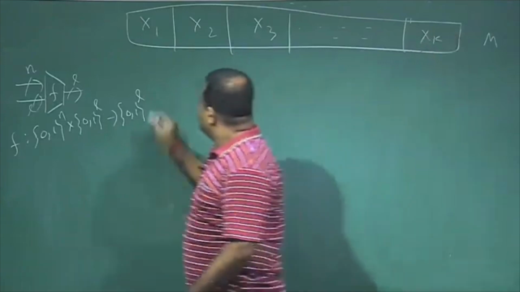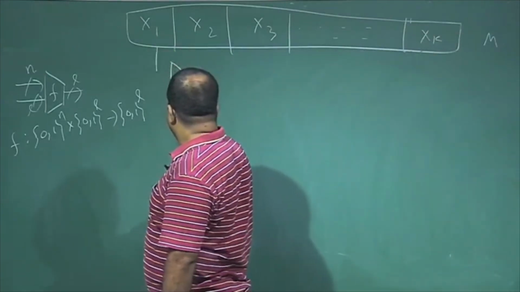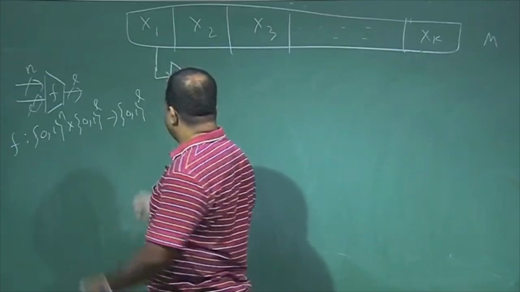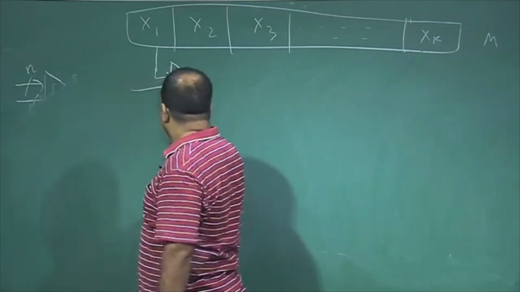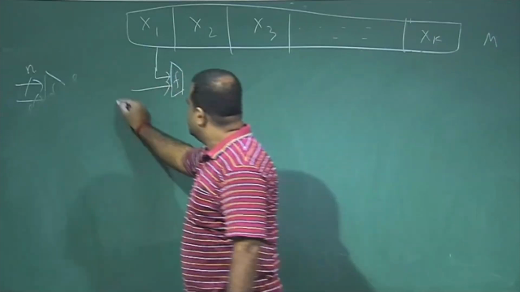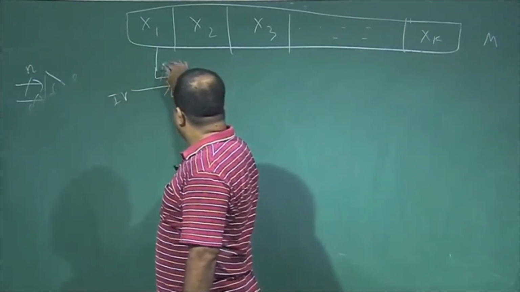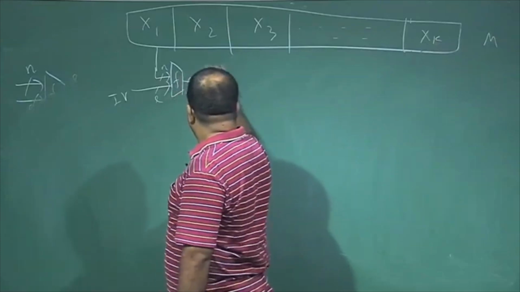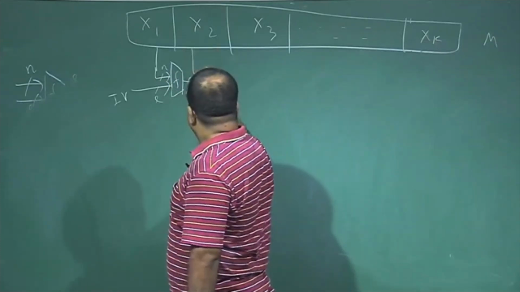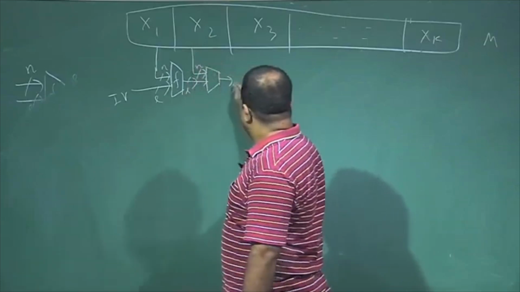So, what we do? We first apply this f function on this n bit block, and we have to start with some starting vector, that is the IV, and it is producing l bit. So, again we apply this f function, which is taking this input, this is also n bit. So, it is l bit again.